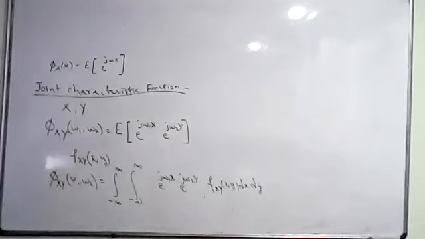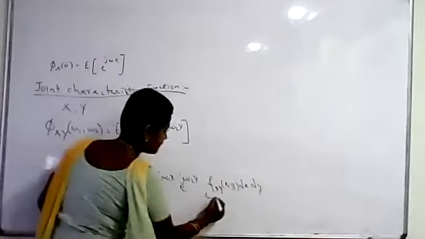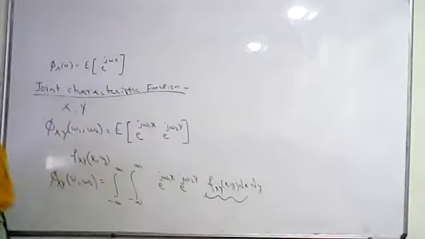So it is the formula of the two-dimensional Fourier transform with the signs of omega reversed. Now, since it is a formula of Fourier transform, we can use the inverse Fourier transform to obtain the joint density function from the joint characteristic function.